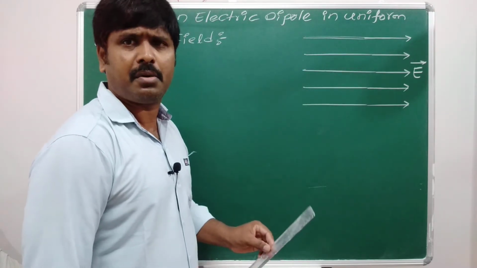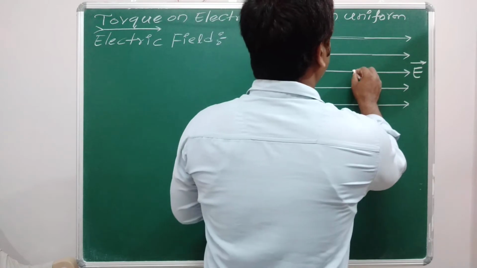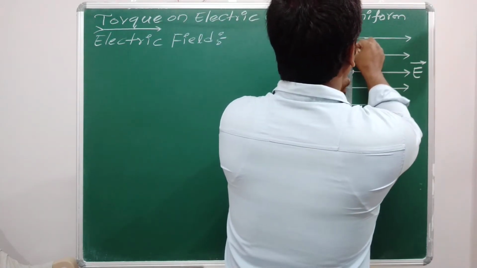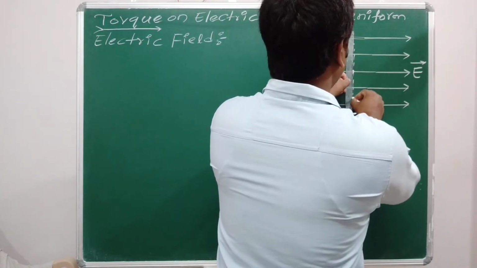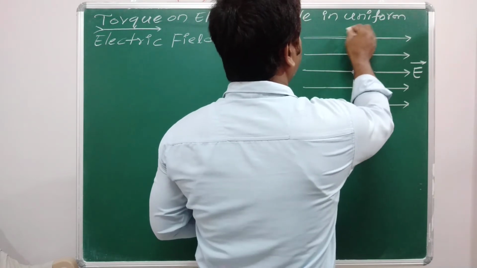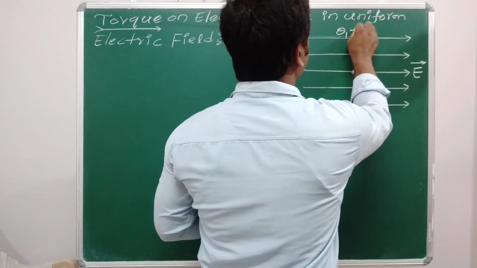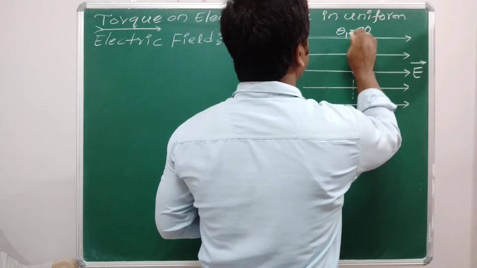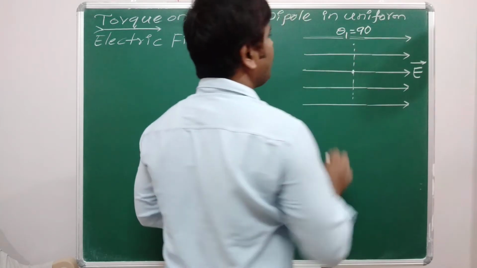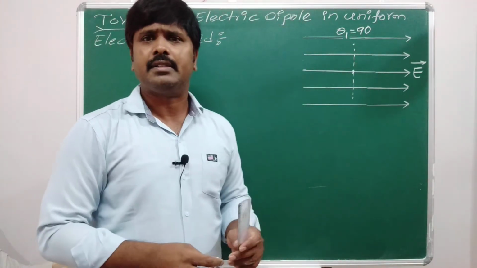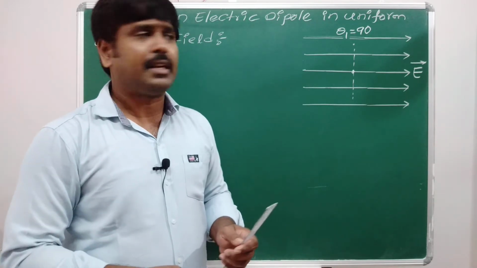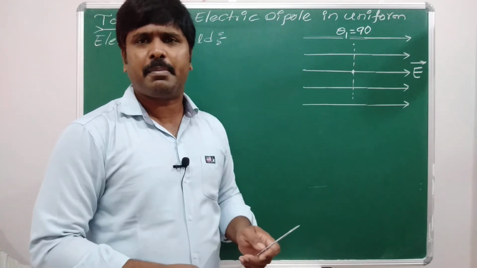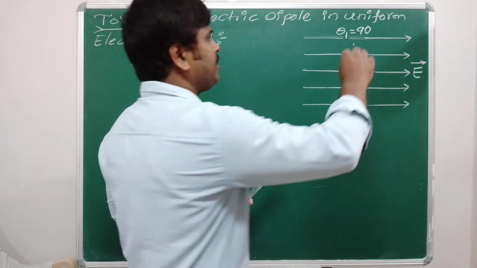That is the natural rotation. So first I am taking dotted lines for the electric dipole like this. Here theta 1 is equal to 90 degrees, that is perpendicular to the electric field. Now it is rotating like this.